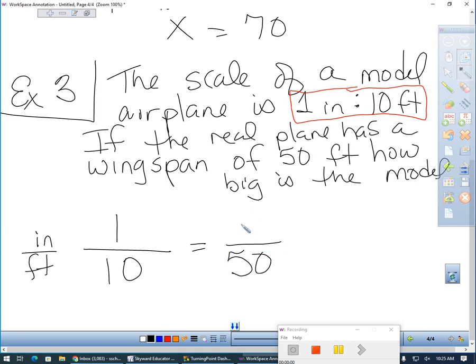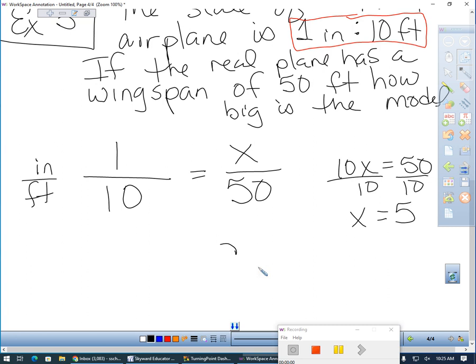My unknown goes on the top. Good. 10x does equal 50. Very good. X equals 5. All right. So you have a couple of these where they actually give it to you in a model. Same deal, right?